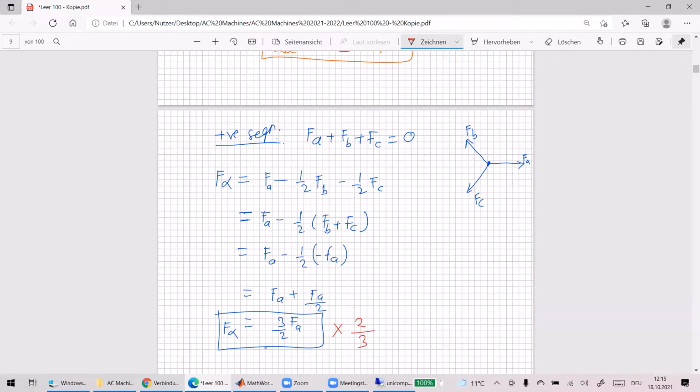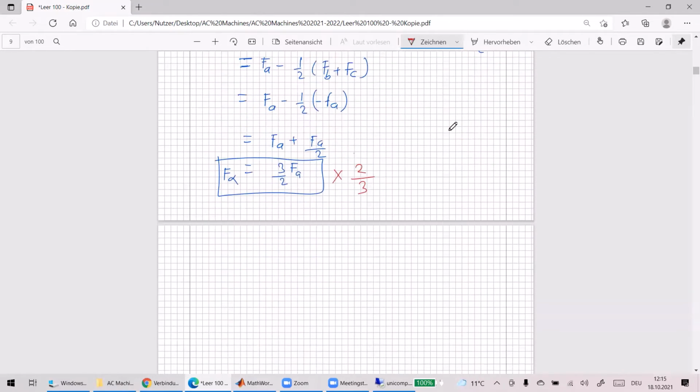So if we multiply this whole thing with 2 by 3, then it will become 2 by 3 F alpha is equal to FA.